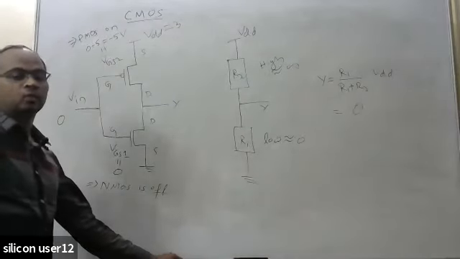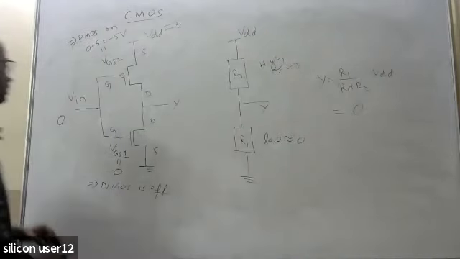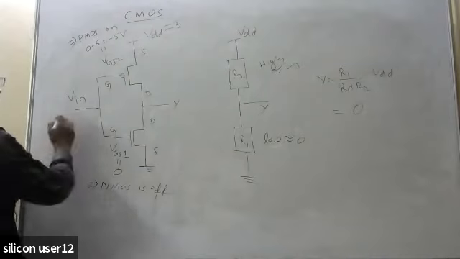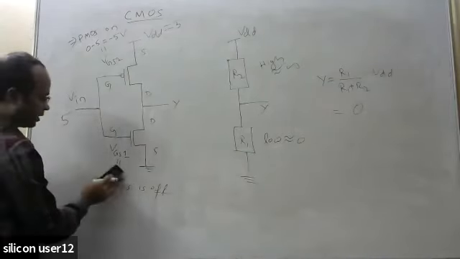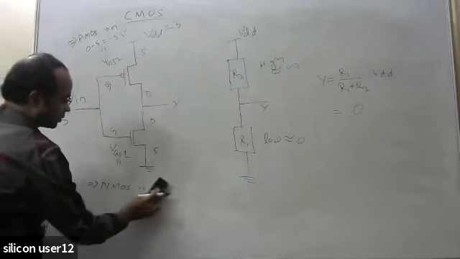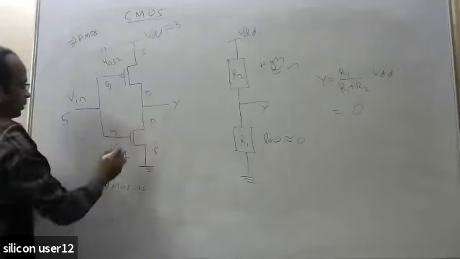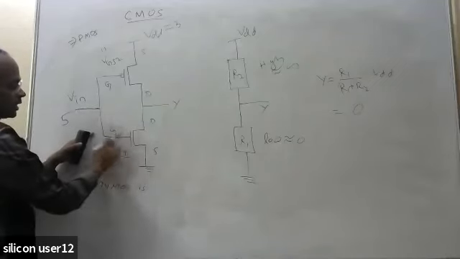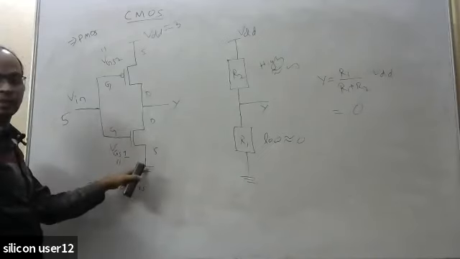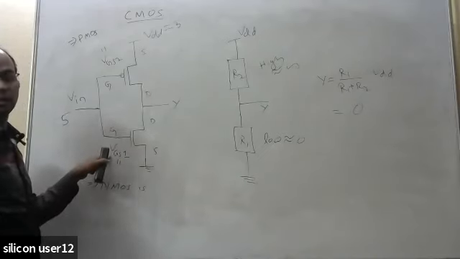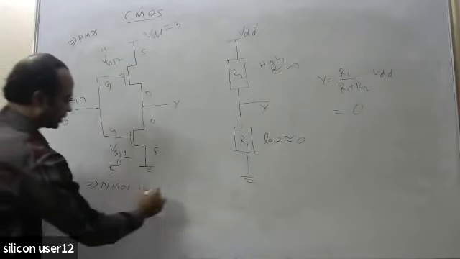And the other case we have also discussed: if my input Vin is high, or 5 volt, then what will happen to these things? You just tell me, I'll fill it up. VGS1 will be, what will be the gate voltage here? This is 5 volt, gate is 5 volt, source is 0, so VGS will be 5. So NMOS is on.